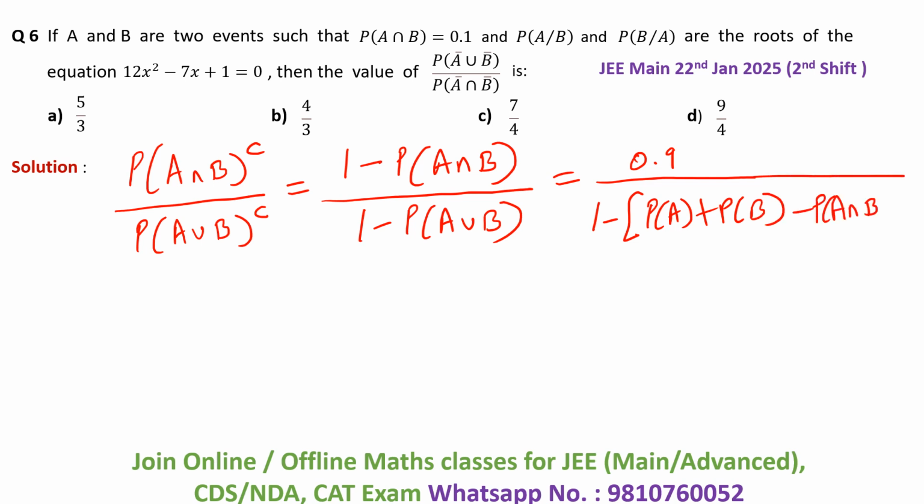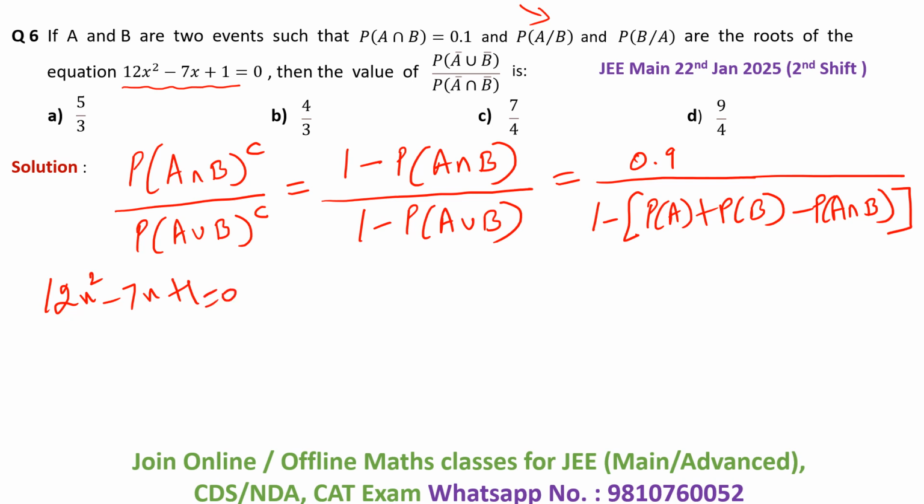Now we have the value of P(A intersection B), but we do not have the value of P(A) plus P(B). So to find this value, we have been given additional information, and that is P(A/B) and P(B/A) are the roots of this equation. So just get the roots of this particular equation.